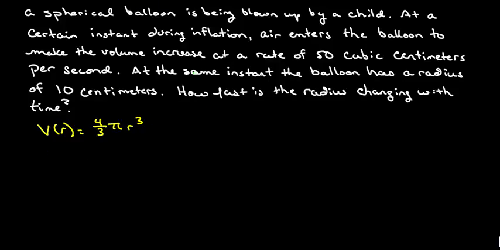The other thing we know is the rate of change of volume with respect to time, specifically at some time in question, we'll call it t sub naught. That's equal to 50 cubic centimeters per 1 second.